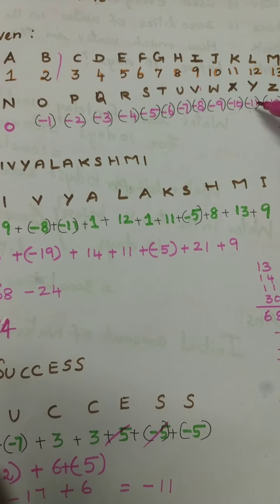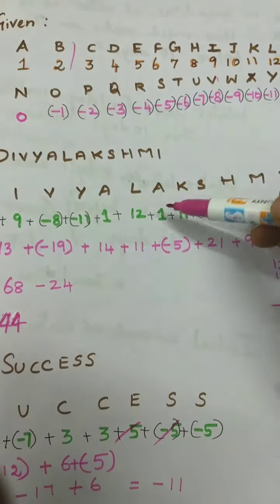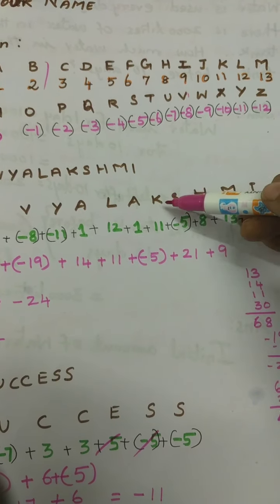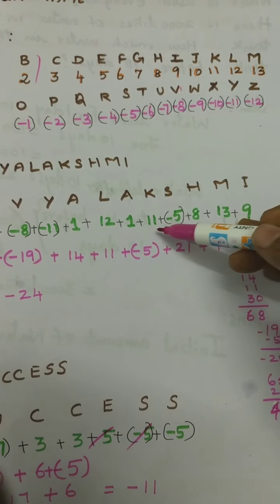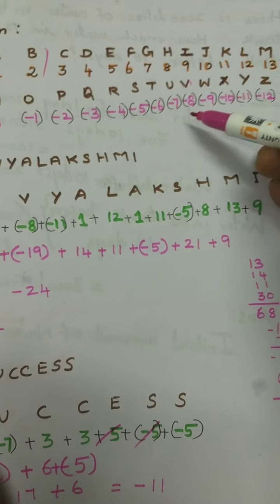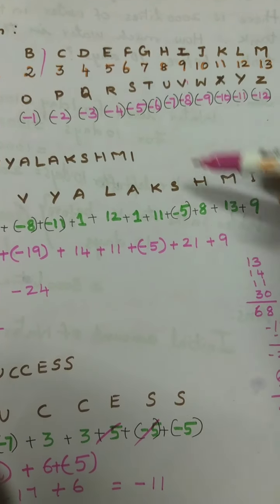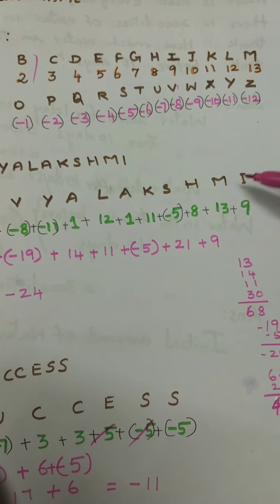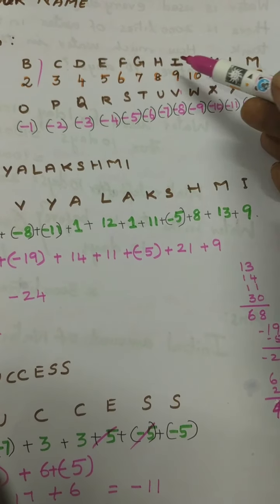Okay. Then A is 1. L is 12. A is 1. K, what is K? 11. Then S, S is equal to minus 5. Then H is equal to 8. Okay. Then M is equal to 13. I is equal to 9.